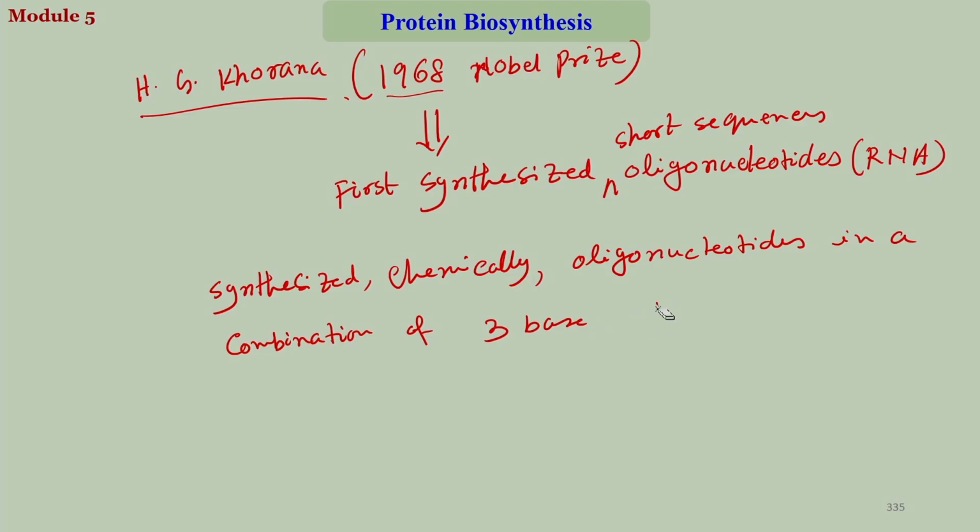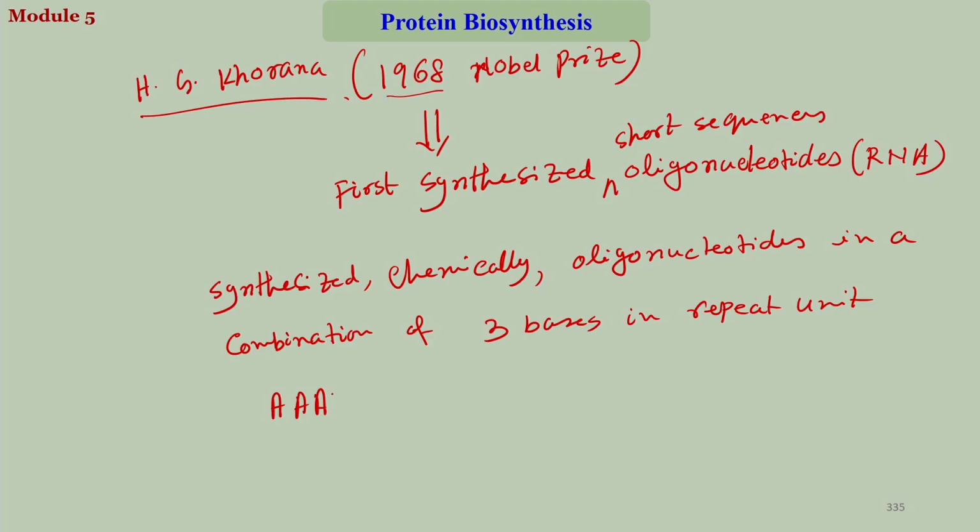Usually we say base pairs even for a single strand. So, three bases in a repeat unit. For example, he synthesized adenine, adenine, adenine in the laboratory using phosphoramidite phosphate chemistry.